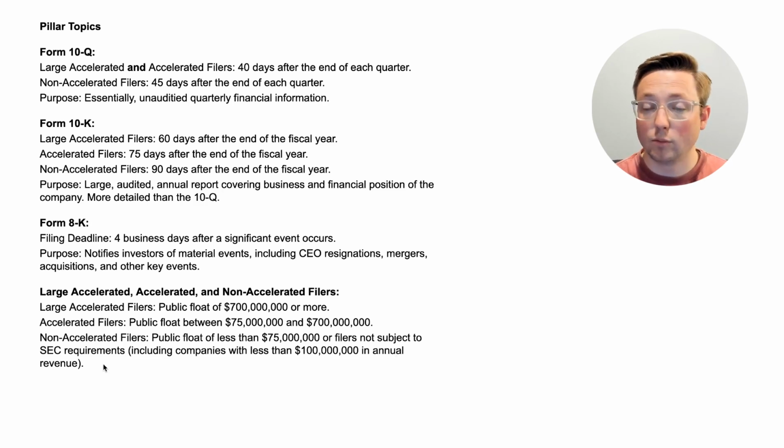Just remember, one more thing, if a company has less than $100 million in annual revenue, they cannot be considered a large accelerated or an accelerated filer. Now again, this is a little bit less important than this information up here, but again, I felt it was important to know what a large accelerated filer even is so that you can remember what the filing deadlines are.